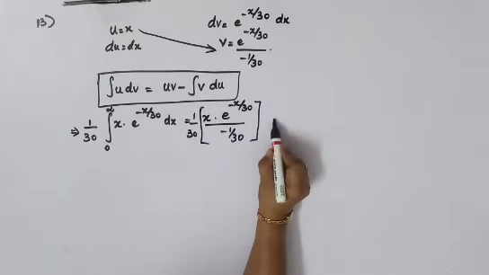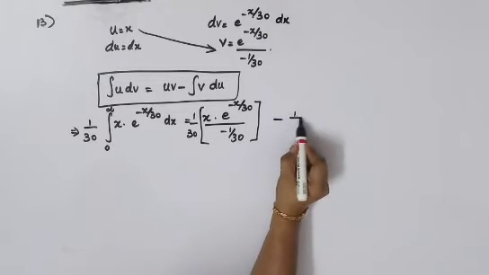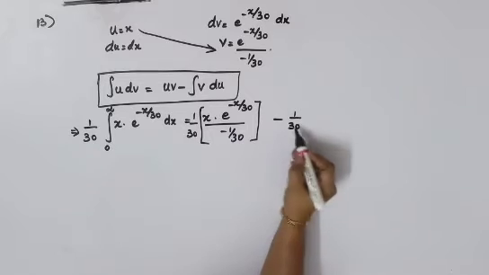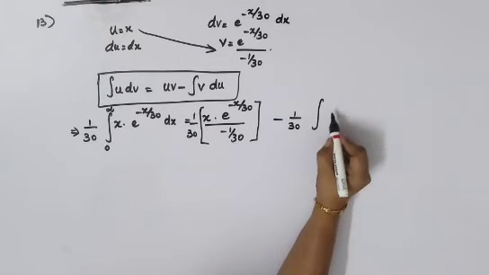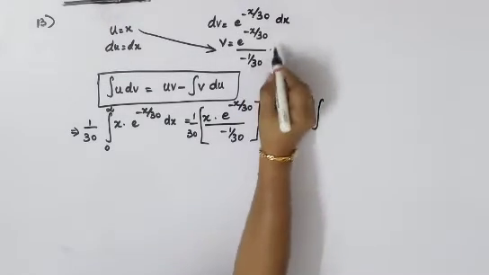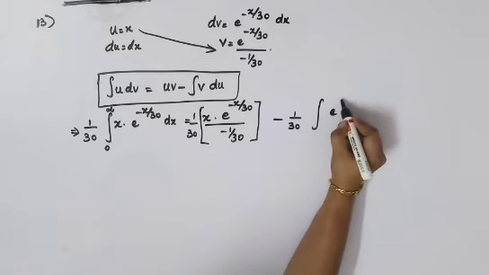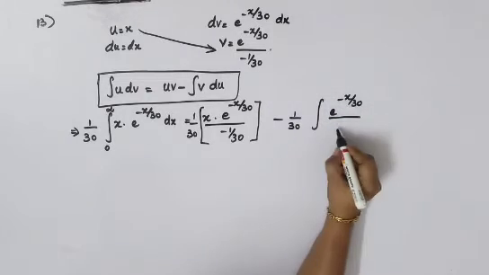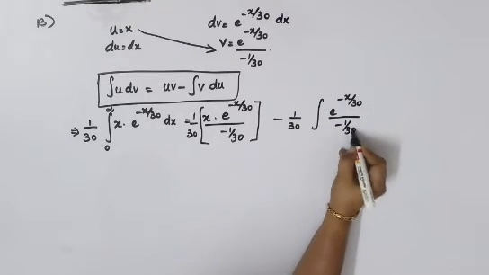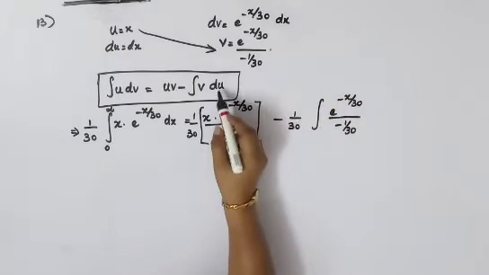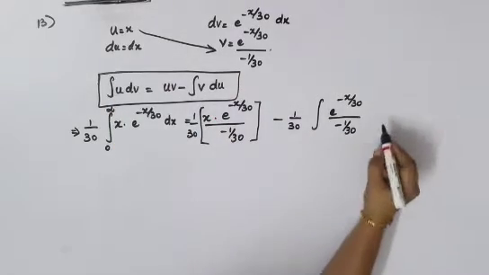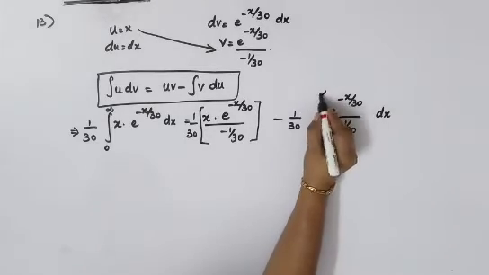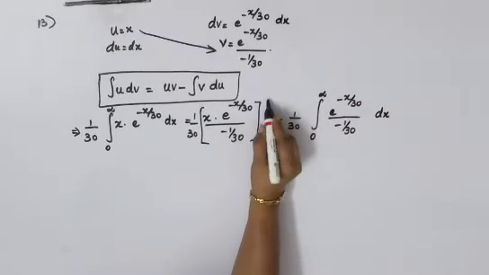Then minus, this 1 by 30 is common to both terms, so 1 by 30 into integral of v, that is e power minus x by 30 divided by minus 1 by 30, into du, which is nothing but dx. Now write the limit 0 to infinity here also.